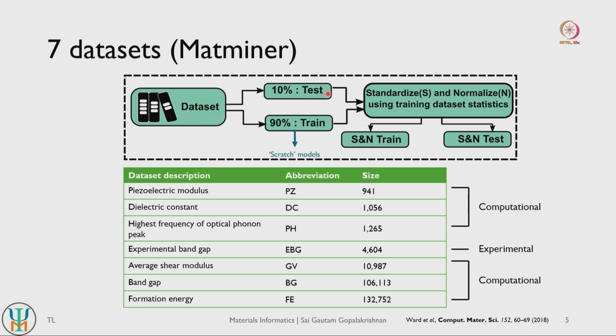Both the training and the test data sets were standardized and normalized so that there are no scaling issues, but the statistics that we used were from the training data set. So we standardized and normalized the test data set using training data set statistics. So we get these normalized train and test sets, which is what we use in training our models and also in evaluating our models.